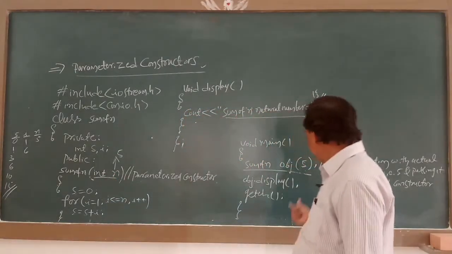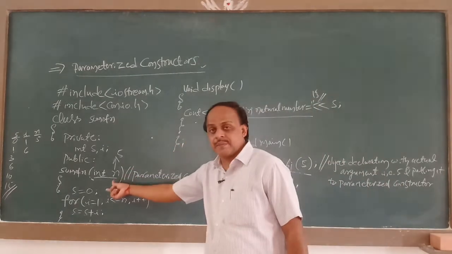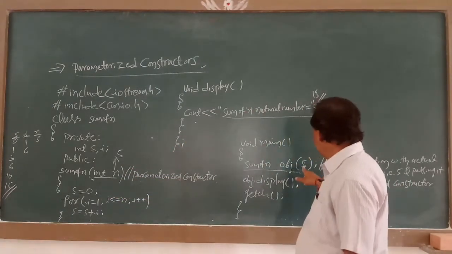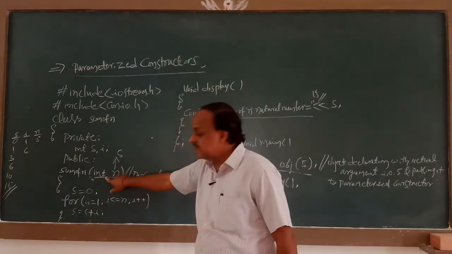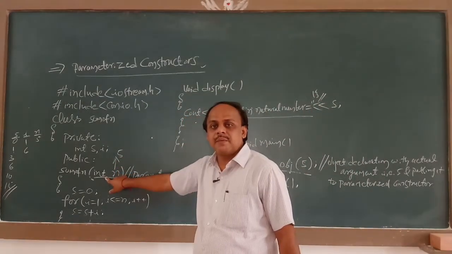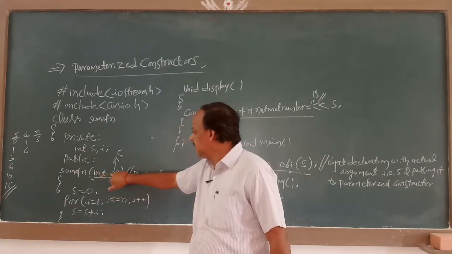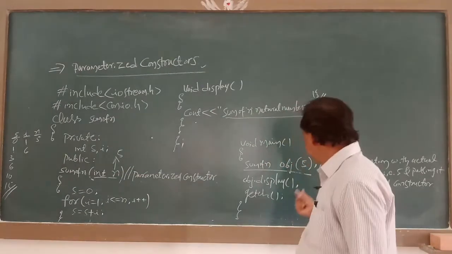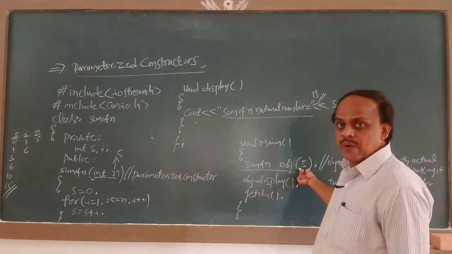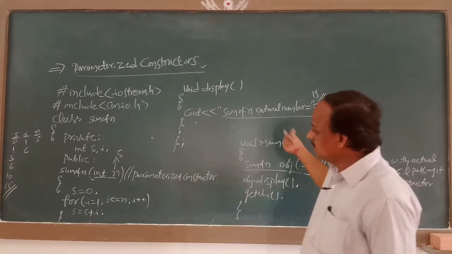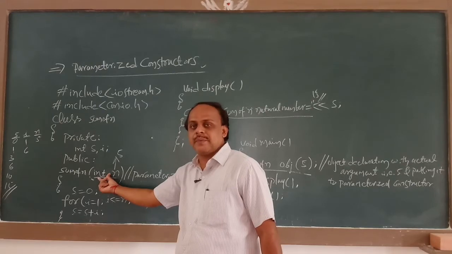So what we declare should match with the formal parameter. Here an int type value is there, so the formal parameter must also be int type. That's why I took int n here, because from this object declaration step I am passing one int value, so this parameterized constructor also contains an int parameter.